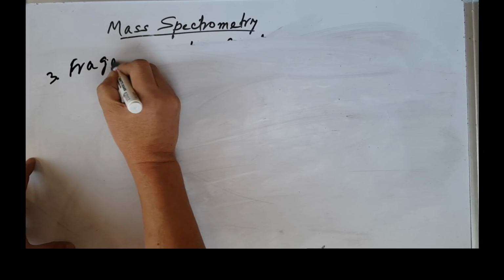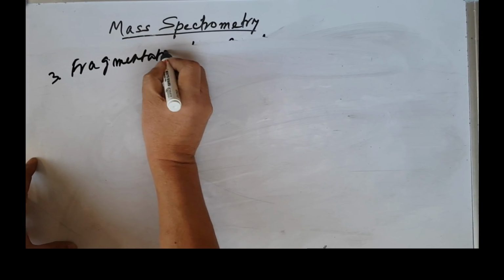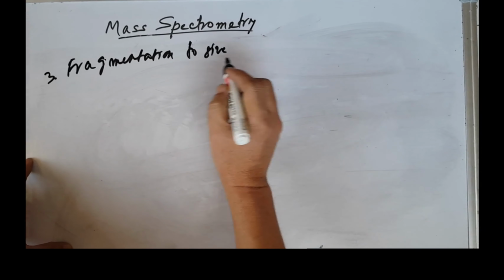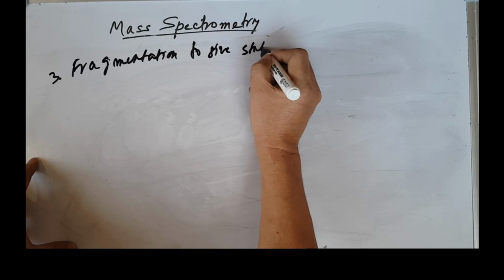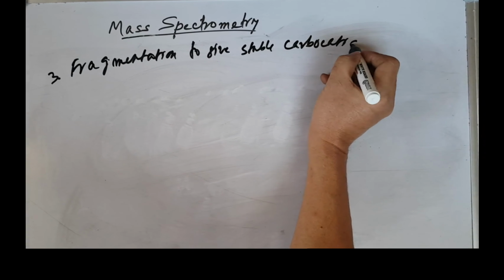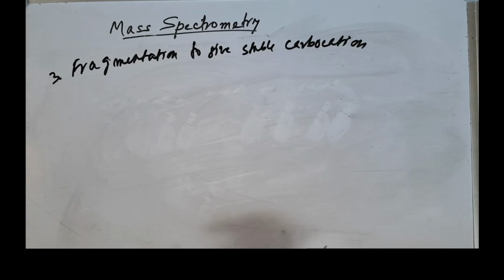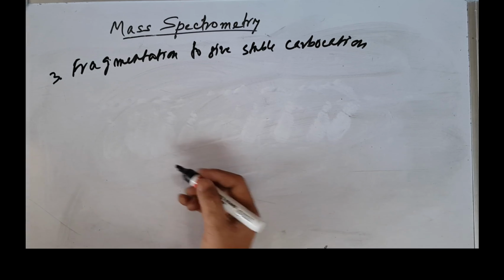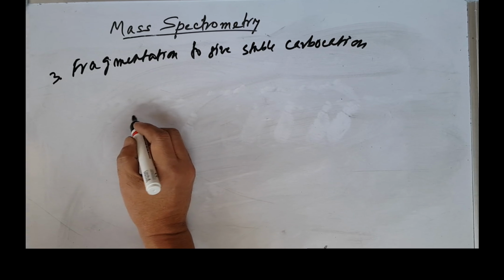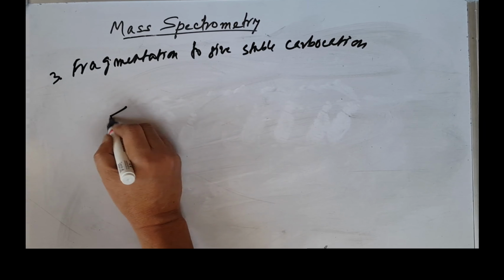Fragmentation to give stable carbocation. The fragmentation takes place at the point where you get the most stable carbocation. For example, I will give a common fragmentation like this.